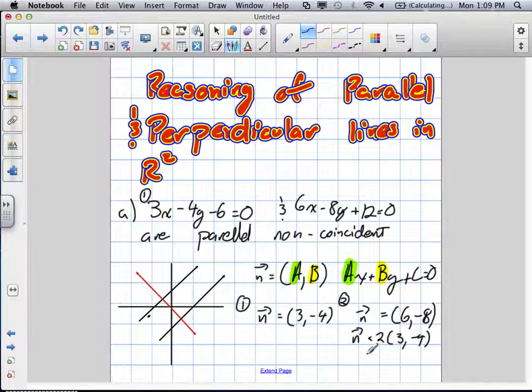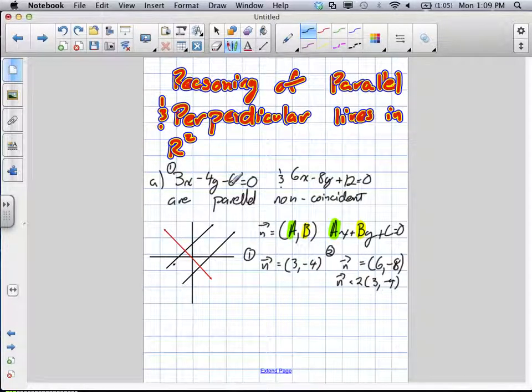In order to prove this, we have to look at the two lines originally. To be coincident lines, or essentially the same lines, one has to be a scalar multiple of the other. So if we have line 1, 3x minus 4y minus 6 equals 0, is it equal to some scalar, we'll call it k, of 6x minus 8y plus 12 equals 0?